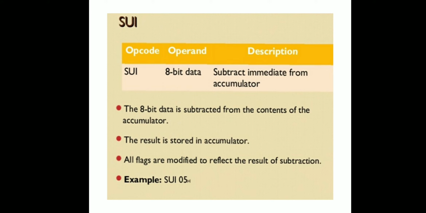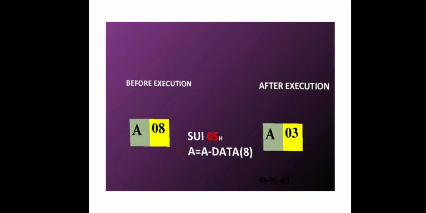All the flags are modified to reflect the result of subtraction. For example, SUI 05, that is, the content of accumulator is subtracted directly by the 8-bit data and the result is stored in the accumulator.